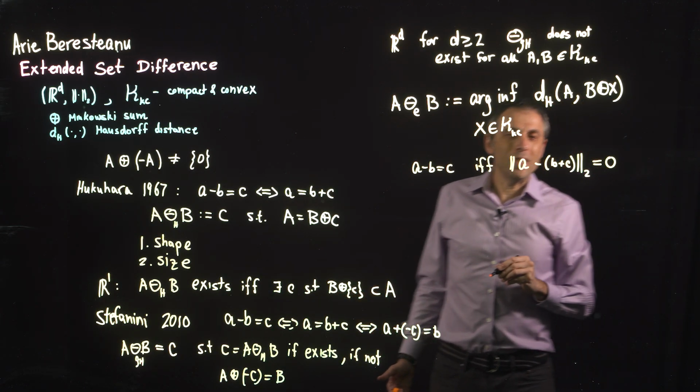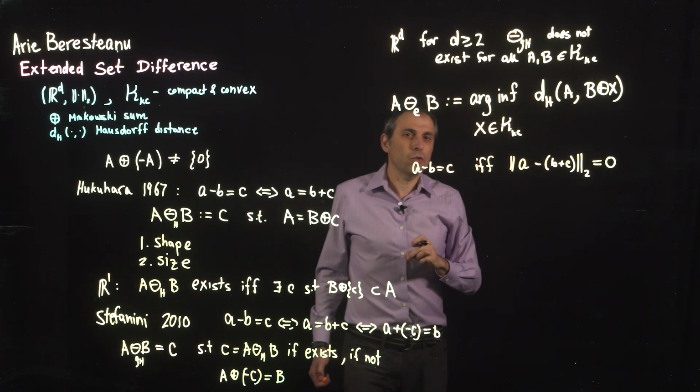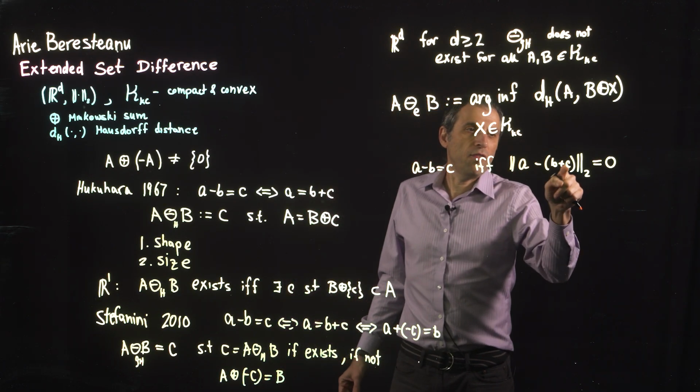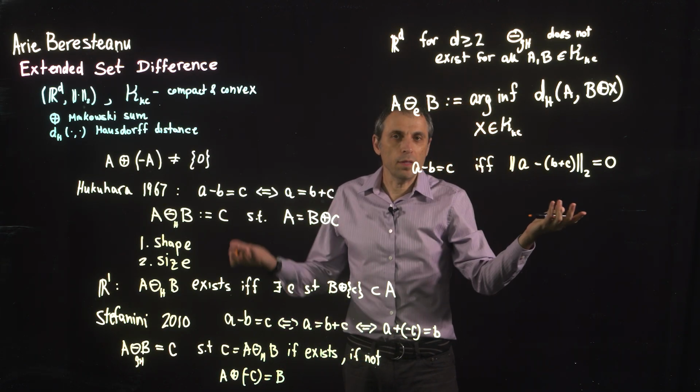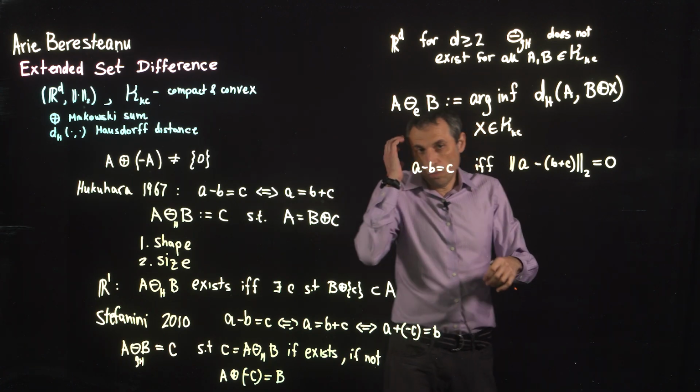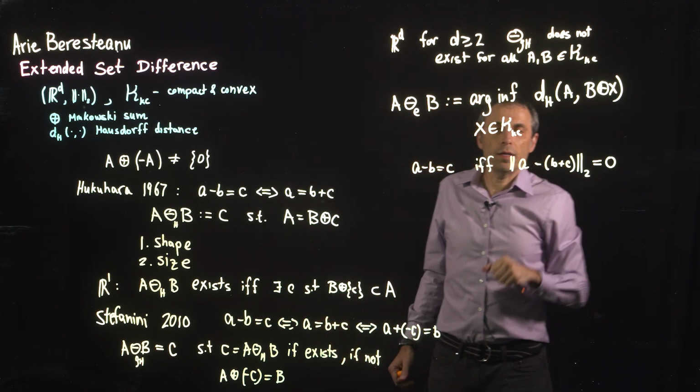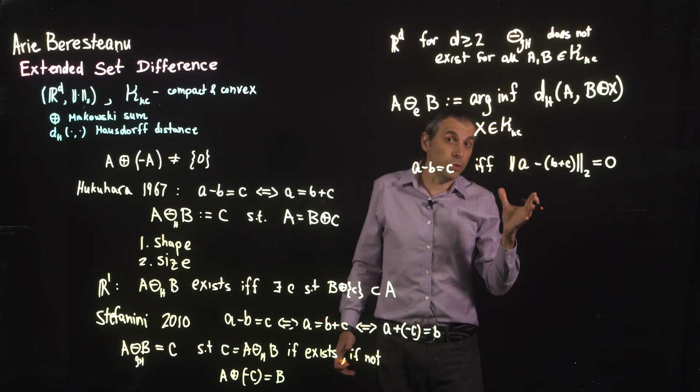So in R^d, if you look at vectors in R^d, you can always find C, because you can define C to be equal to A minus B. That's always defined, and that will also give you, of course, this distance equal to 0. And it will be unique.